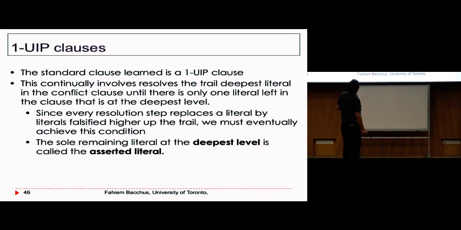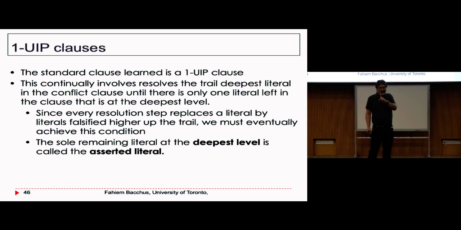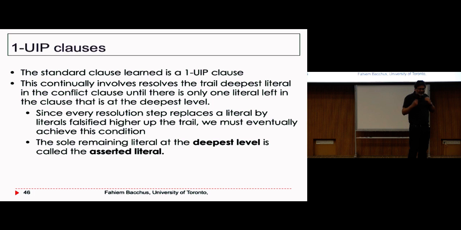And the one UIP clause basically continually resolves away the forced literal that's deepest on the trail until you only have one literal left at the deepest level. And then now you have a clause which has one literal at the deepest level, and all the other literals appear higher up, and you can use it to backtrack.